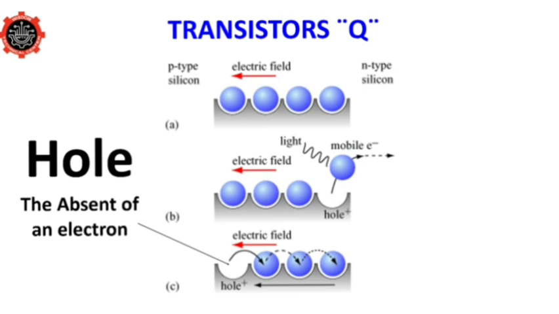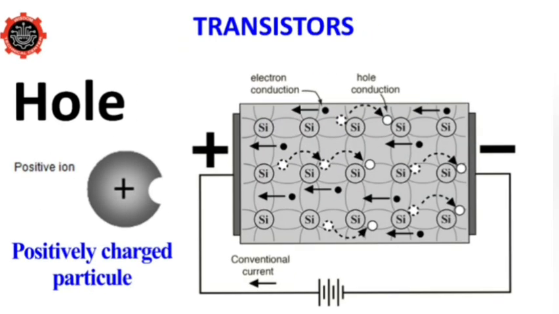So, to do this, if we apply energy into matter, we knock an electron off the valence shell. That means we are left with a positive ion, and this positive ion means there is an absence of an electron. The absence of an electron in our discussion is signified as a hole.